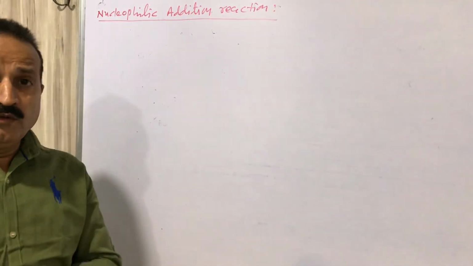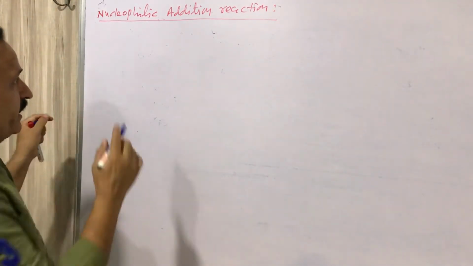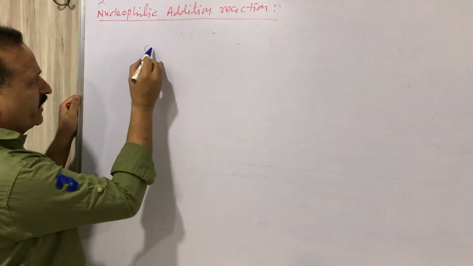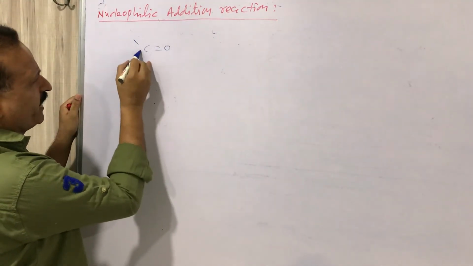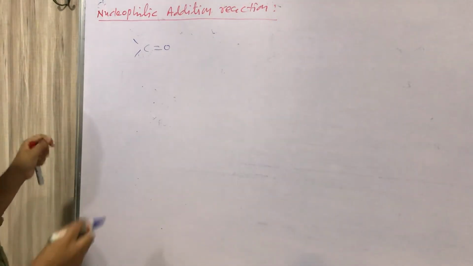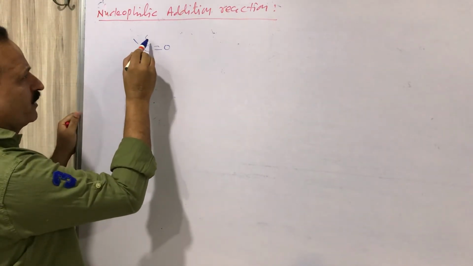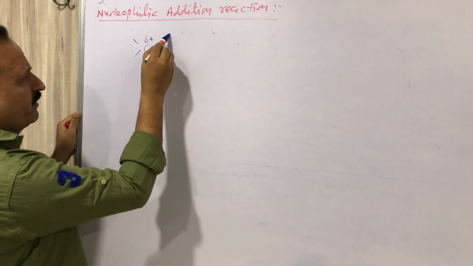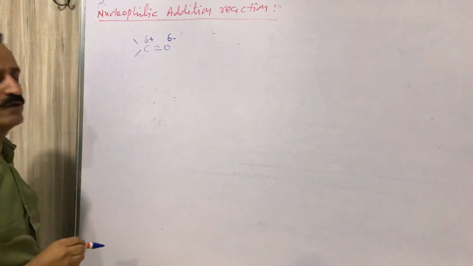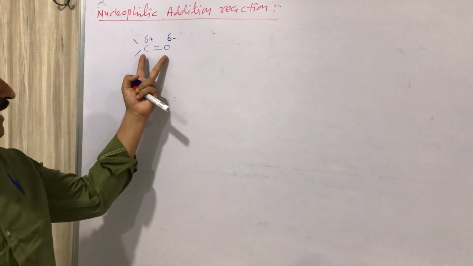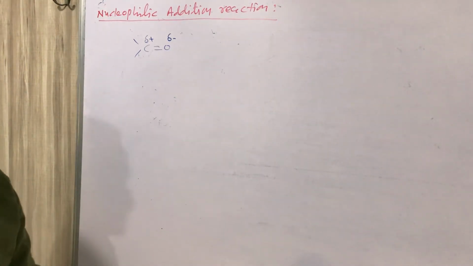So we can discuss here that in aldehyde and ketone there is a double bond between carbon and oxygen. Carbon is partial positive, and oxygen is partial negative, because there is an electronegativity difference between carbon and oxygen.